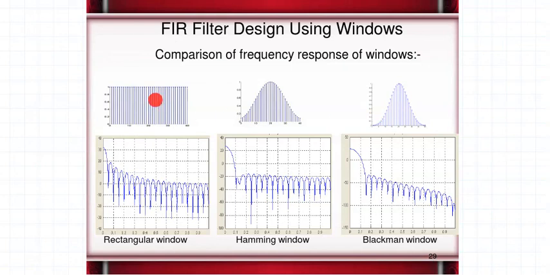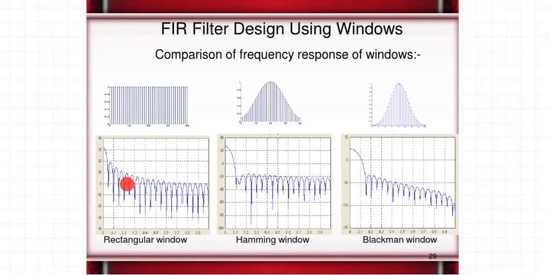This is the time domain characteristics. What we have done is obtain the Fourier transform of these three, and this is the plot of their frequency response. This is the frequency response of the rectangular window, this is the frequency response of the Hamming window, and this is the frequency response of the Blackman window.